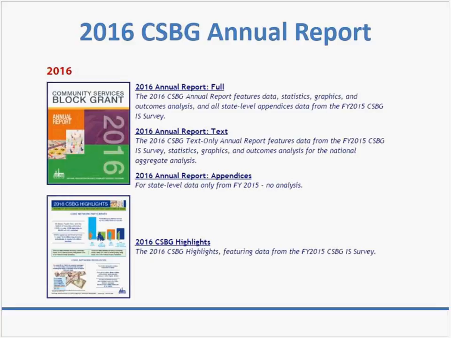So we have the full annual report available with all the appendix items. We have the national CSBG highlights available, and then we also have the state highlights. I encourage anyone who has not visited the site yet to take a look at some of that and get information from your state.